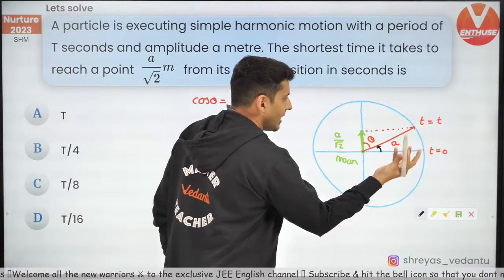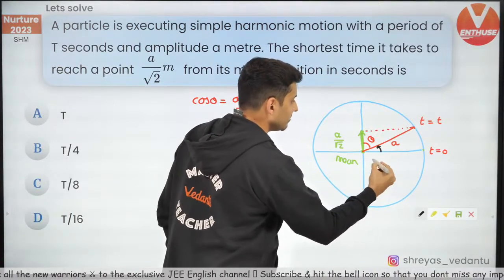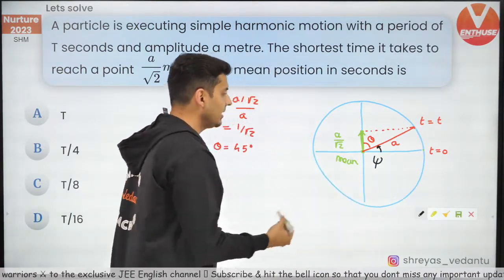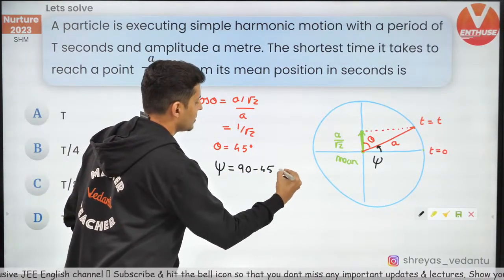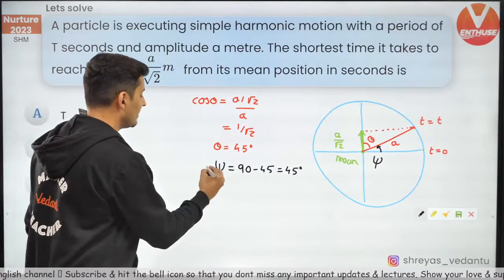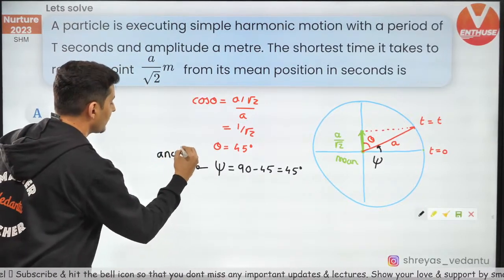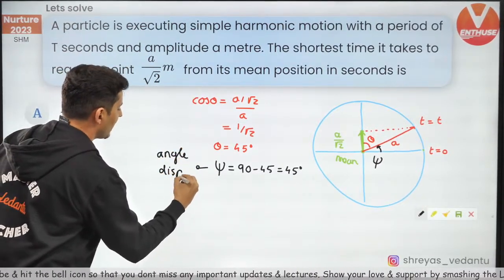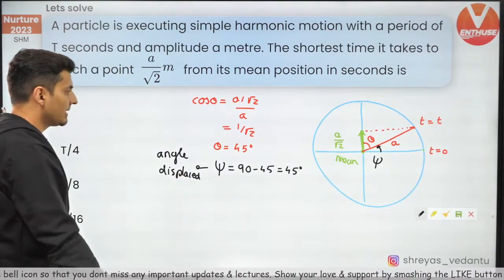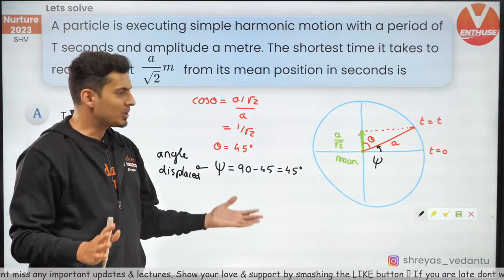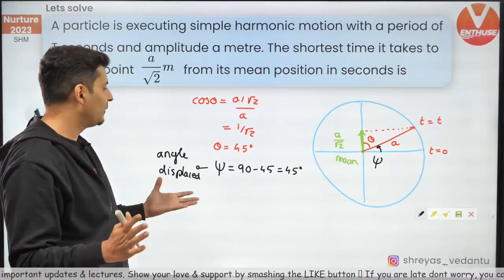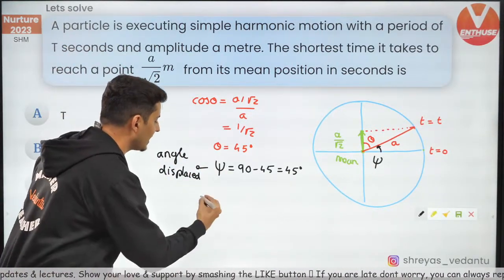So this angle, let's say, I call it psi. So what is psi then? Psi is obviously 90 minus 45, which is also 45 degrees, which is basically the angle displaced. That's it. Now you have your job done. Many of you are saying option C. Looks like you are getting the hang of it. Again, use our technique.